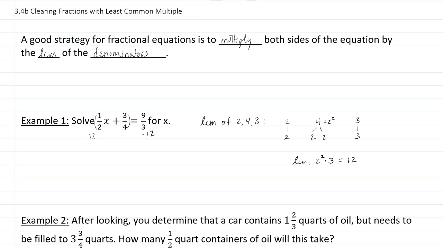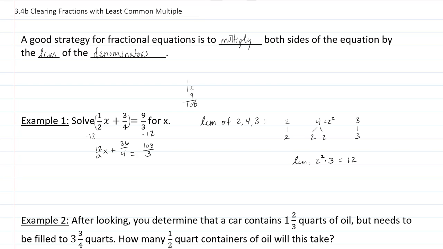So doing this, 12 times 1/2 x becomes 12 over 2x, plus 12 times 3 is 36 over 4, equals 9 times 12. If I write this out, 12 times 9 is 108. This is 108 over 3.